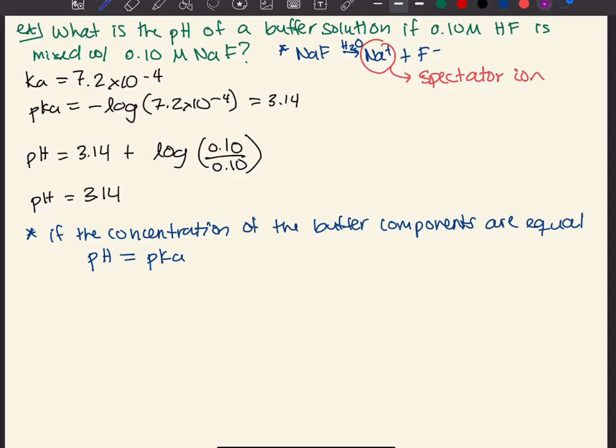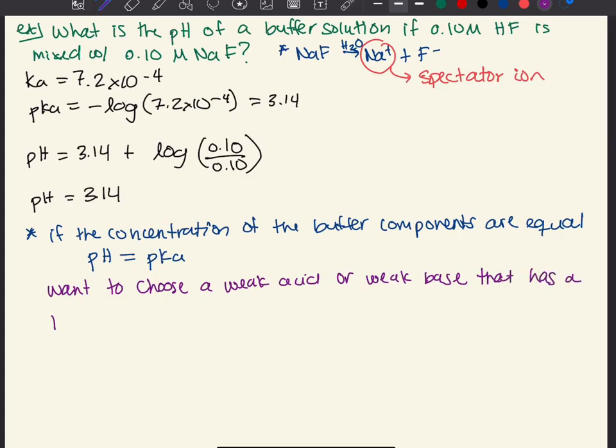So when you're choosing an acid to make a buffer, you want to choose a weak acid or weak base that has a pKa or pKb that is closest to the desired pH.